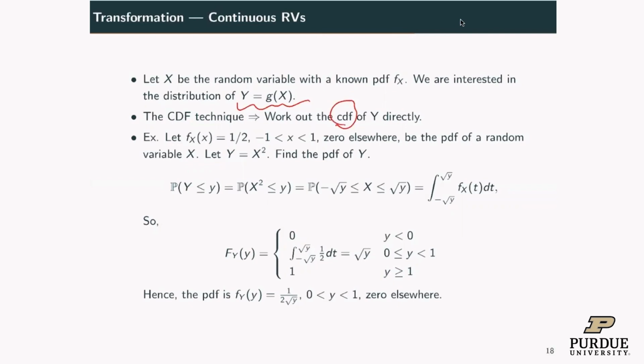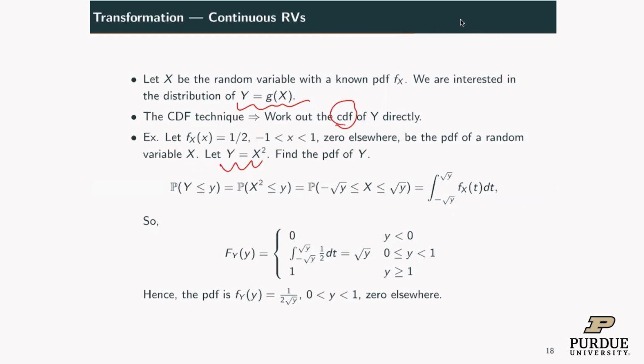For example, let f_x be 1/2. So this is uniform between -1 and 1. So this is the distribution for x. Now let y be x squared. So this is a transformation. I want to know the distribution for y. So what's the PDF for y? Now in the CDF technique, I need to work out the CDF of this one.